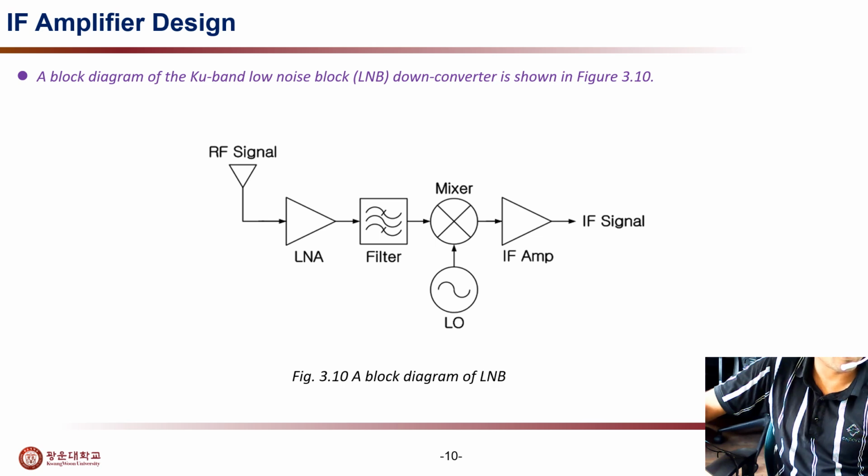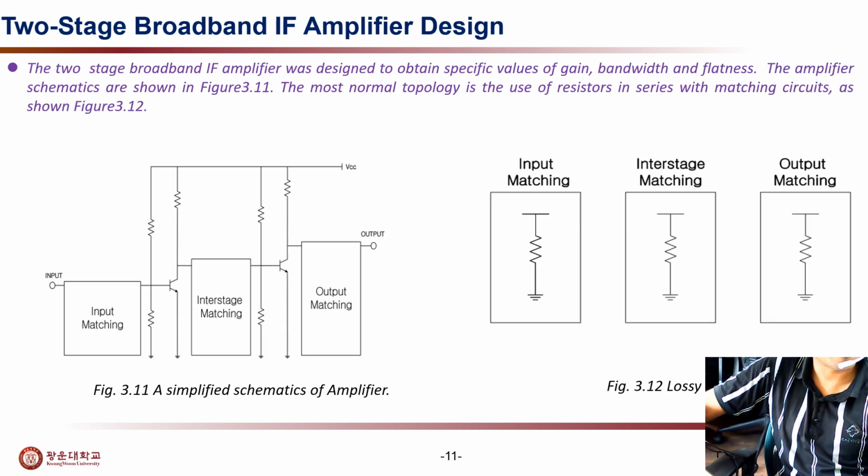The LNA circuit first converts the RF signal into another form of IF signal, then filtering, then mixing, finally amplifying, and then we get the IF signal. This is the block diagram only.